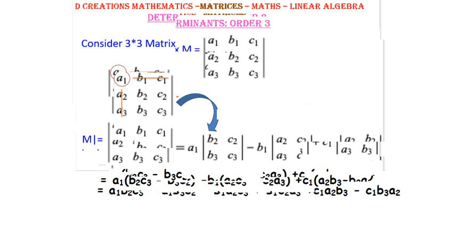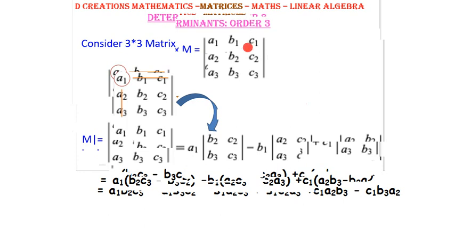Cyclically, you will have to take C2, A2, C3, A3. But for simplicity, it is better to take it as it is. So what do we do? We change the sign, because we know that in a determinant, if you are interchanging the columns, the sign changes. So the sign is negative here, and the rest of the term is as it is.